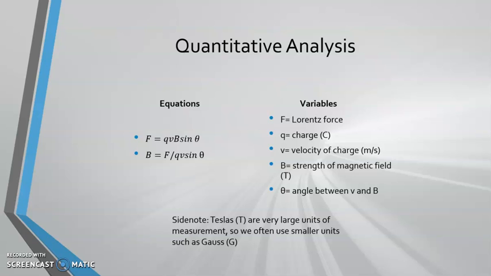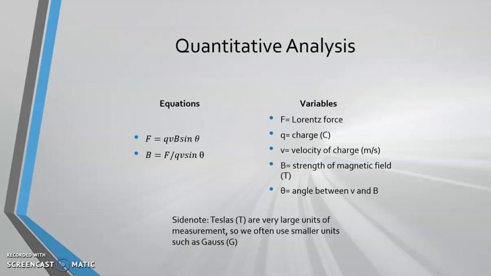The velocity of the charge is V, measured in meters per second generally. B is going to be the strength of the magnetic field. But something to note about this Tesla, which is the units they are measured in, is that Tesla is very large. So in the book, they talked about how the largest superconducting magnets are around 10 Tesla.